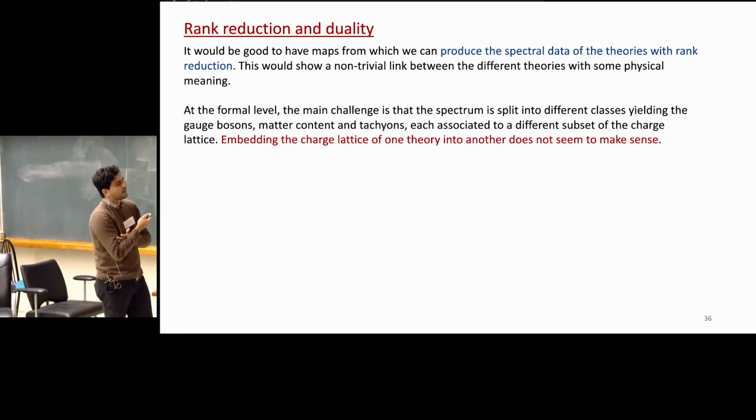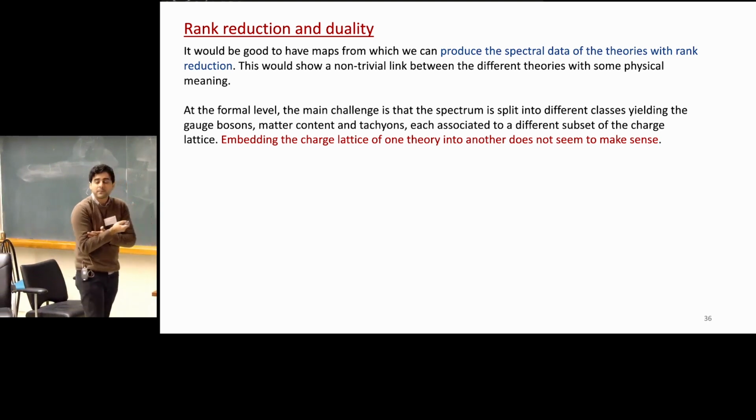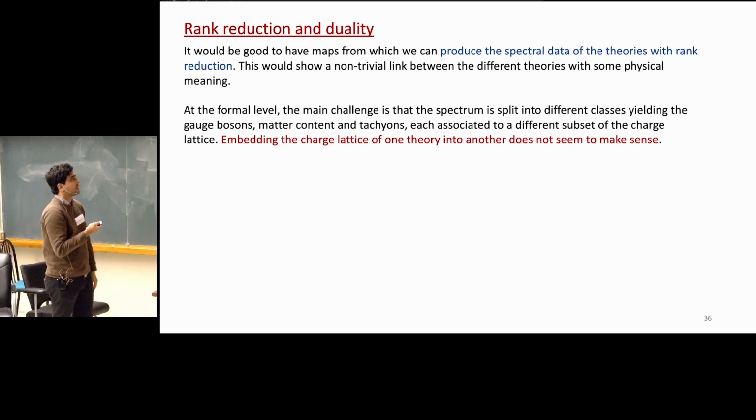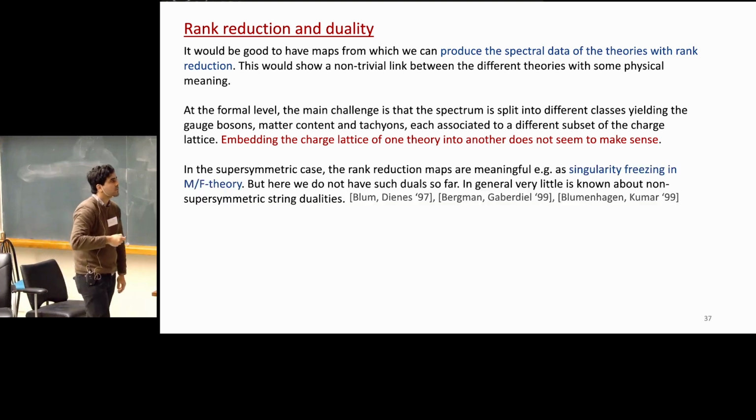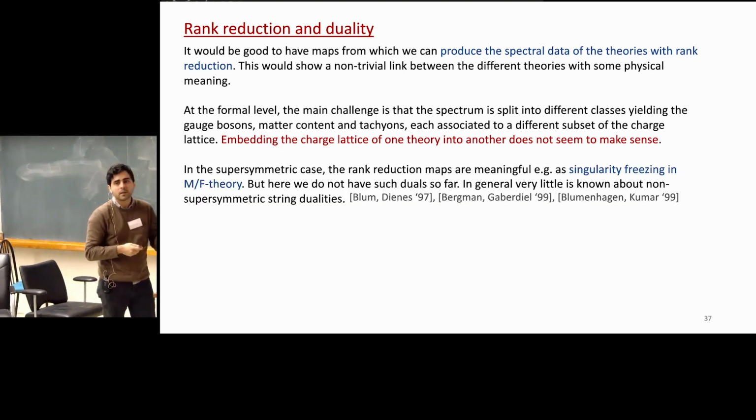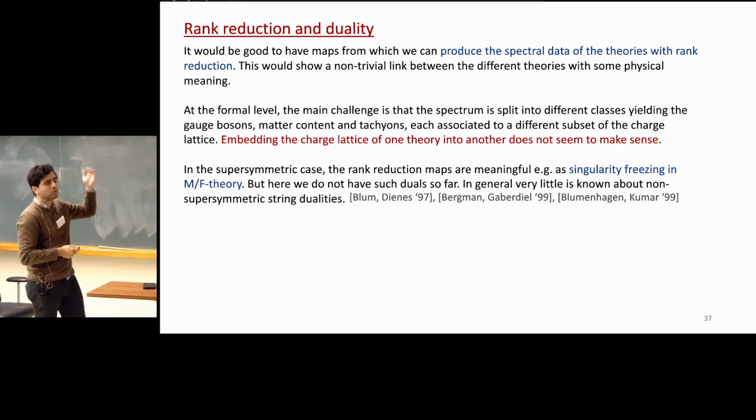And there's another problem, which is perhaps deeper: as I said, the rank reduction maps are meaningful as singularity freezing in M/F theory, but I'm not doing M theory, I'm not doing F theory, I'm doing heterotic strings. It's perturbative. So we don't have such a dual so far. Maybe they don't exist, I don't know, in the non-supersymmetric case.